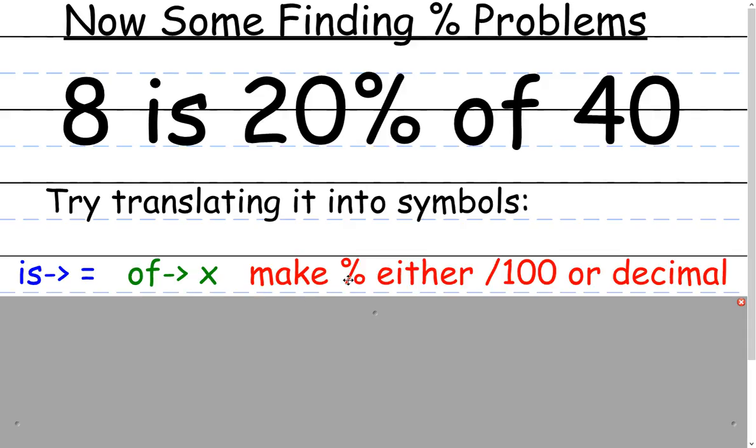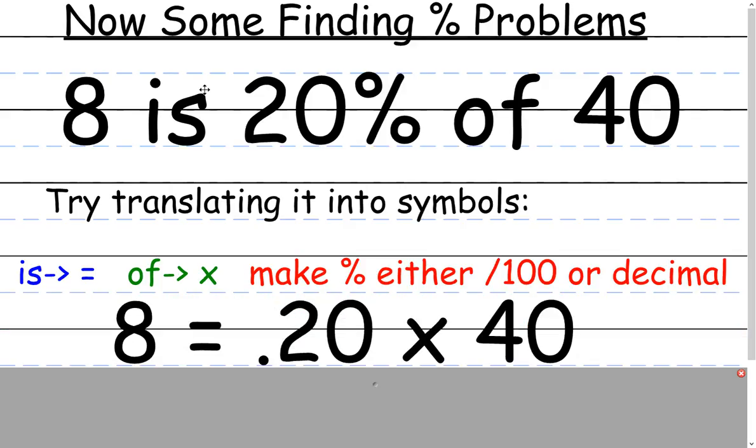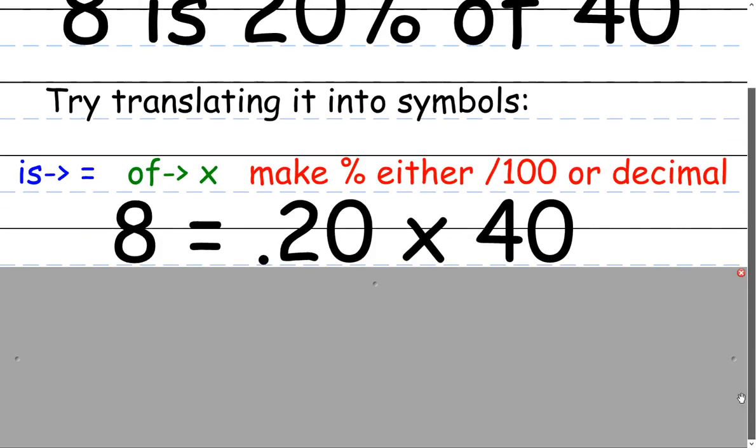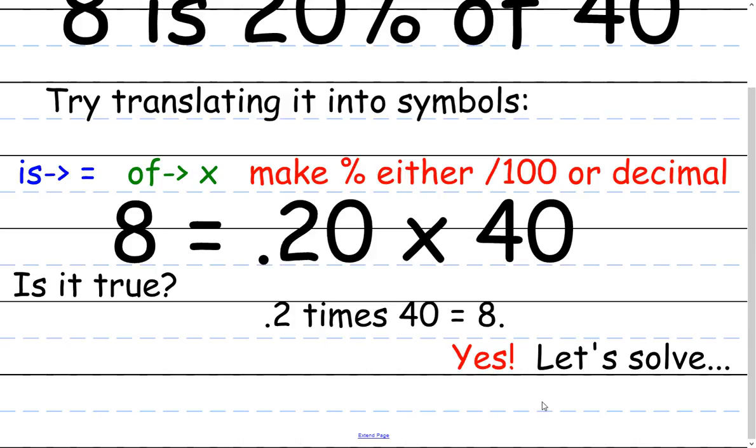You can either make percent into divide by 100 or a decimal. So we're going to look at 8 is 20% of 40. And if you try that out, is it true? Well, 0.2 times 40 is 8, so yeah, it works.